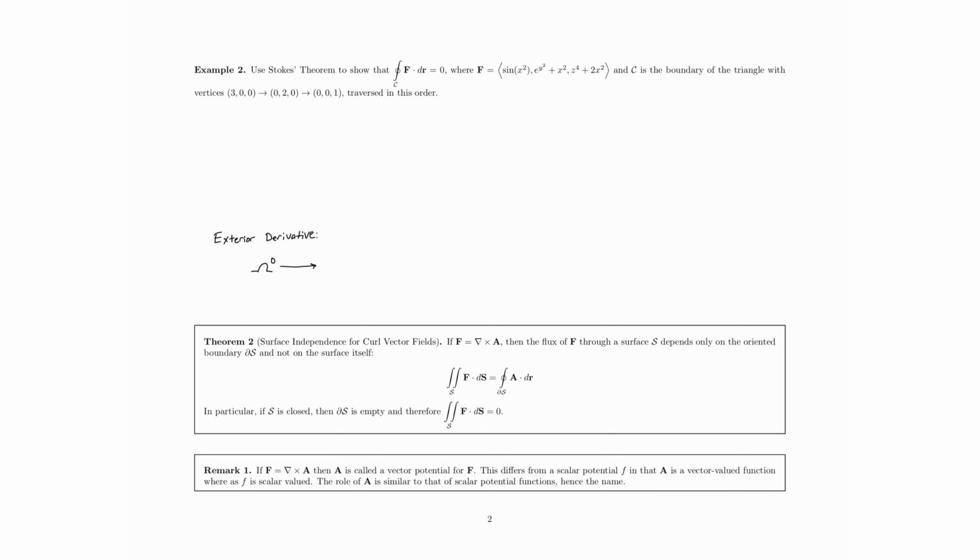So this exterior derivative d is a way of taking something that's a 0 form and turning it into something that is a 1 form. And then you can do it again by taking it into a 2 form and then taking it into a 3 form.